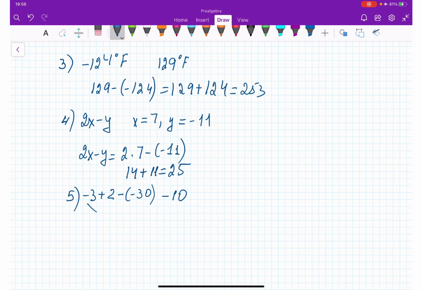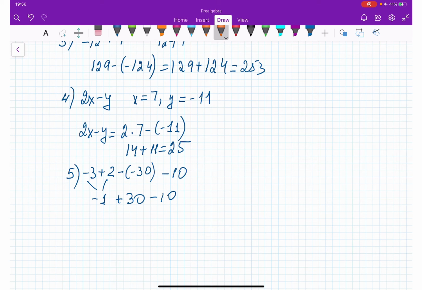Negative 3 plus 2 is negative 1. Negative 1 plus 30 minus 10, right? Because we have a negative in front, so it's going to flip the sign in the parentheses. So from here, negative 1 and 30, it's going to be 29 minus 10. Result is 19.